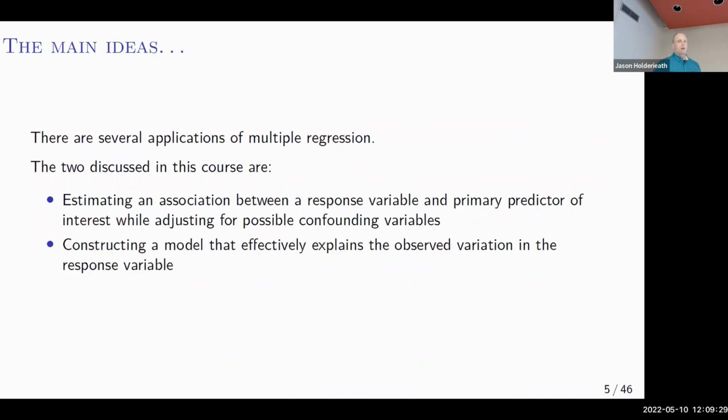There are several applications of multiple regression. We're going to talk mostly about estimating an association between a response variable and a primary predictor of interest, while controlling for or adjusting for potential confounding variables.